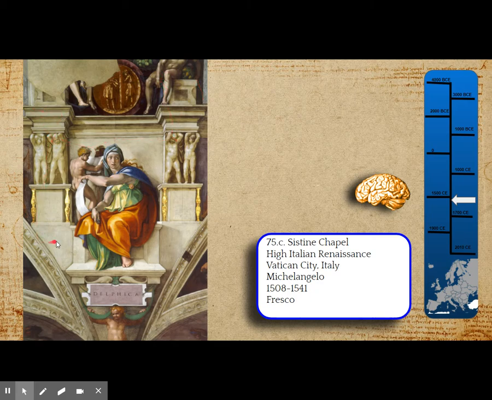She's sitting in this chair, so good, with the putti acting as columns holding up the architecture that isn't really there. It's so remarkable.